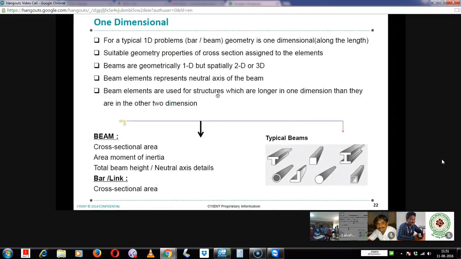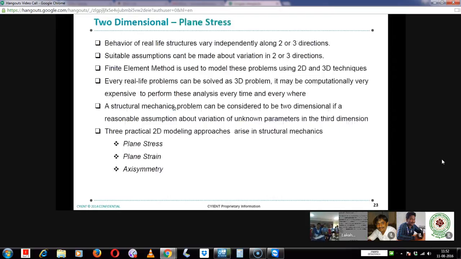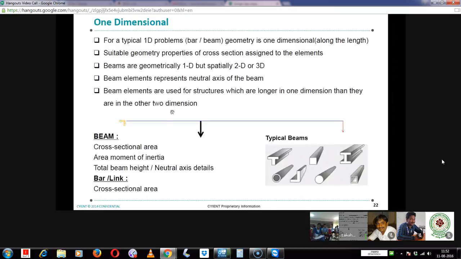Beam elements are used for structures which are longer in one dimension than they are in the other two dimensions. So this is also one other requirement. Similarly, bar elements are also available. For bar elements we need to give only the cross sectional area. No need to give other details.